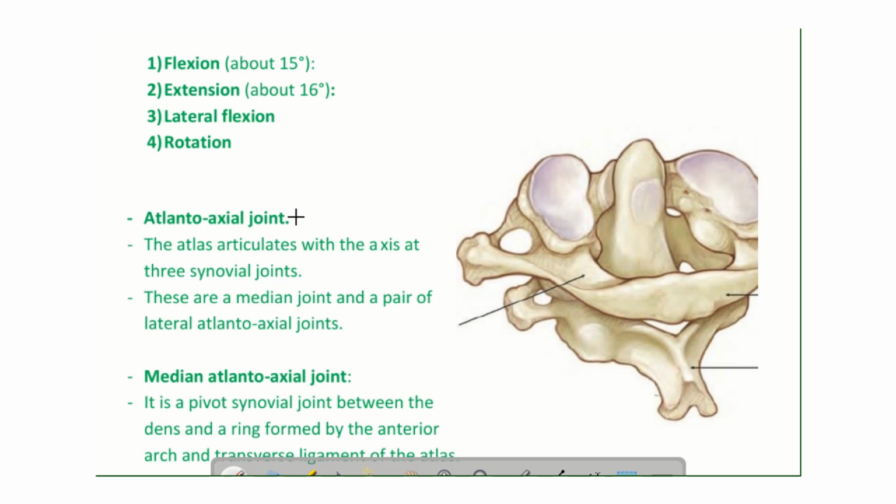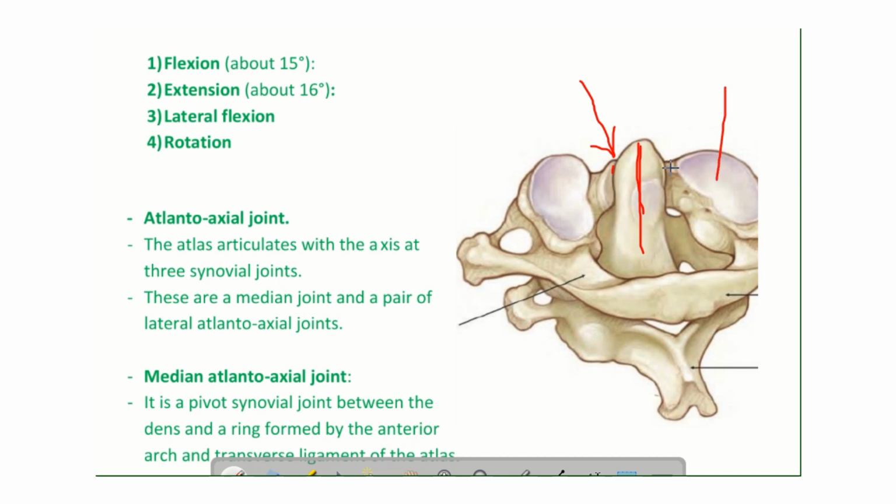The second is the atlanto-axial joints. The atlanto-axial joint complex includes the median atlanto-axial joint, median between the dens of the axis and the anterior arch of the atlas. The dens of the axis articulates with a facet on the posterior surface, or on the back, of the anterior arch of the atlas. This is the atlas.